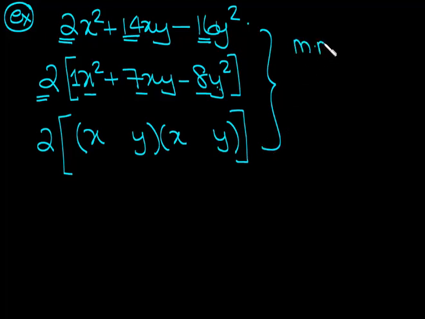When I multiply, I get 1 times negative 8 is negative 8, and when we add, we get positive 7. You can create that tree like I have been doing, or you can just do it in your head. The two numbers are positive 8 and negative 1. And those are your factors for that problem.